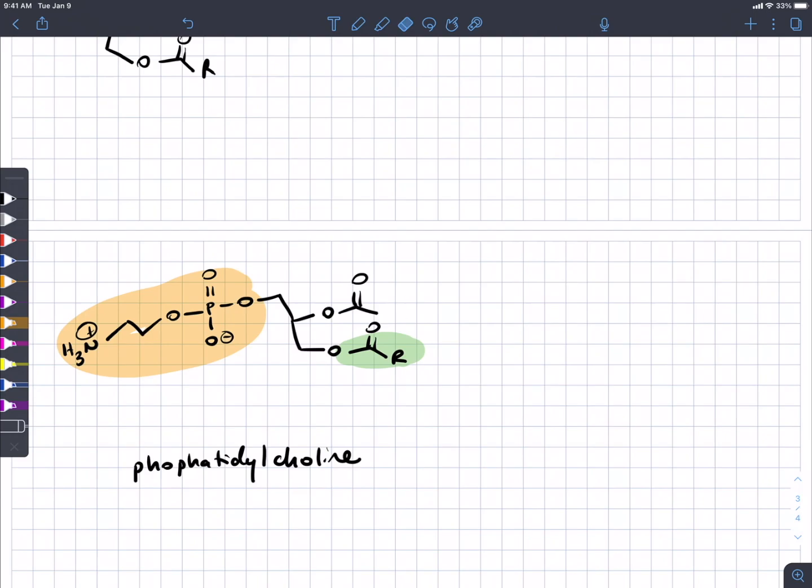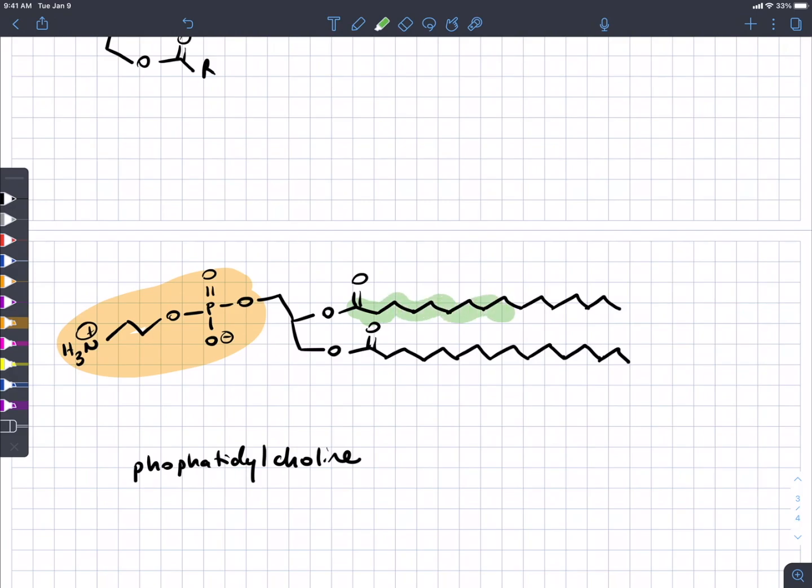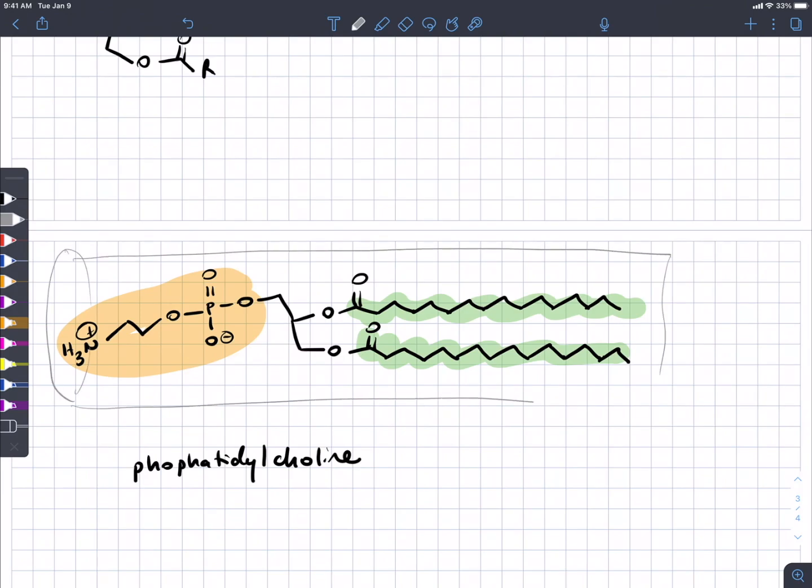That may be difficult to see if I don't draw out what these R groups are. I think that's a 16 carbon chain. The fatty acid chains in these molecules vary in length. But the overall shape of this is sort of cylindrical.